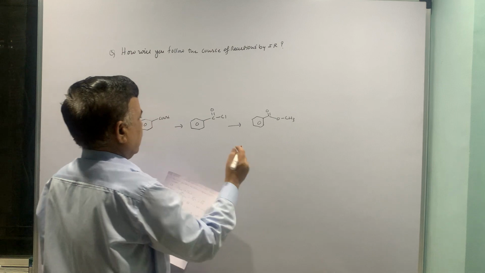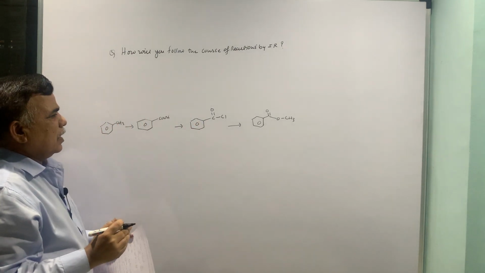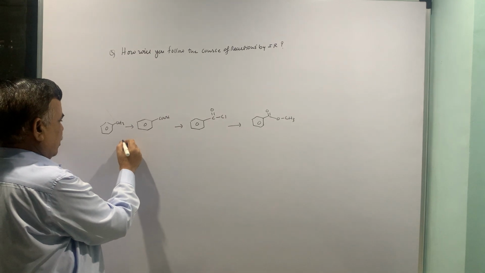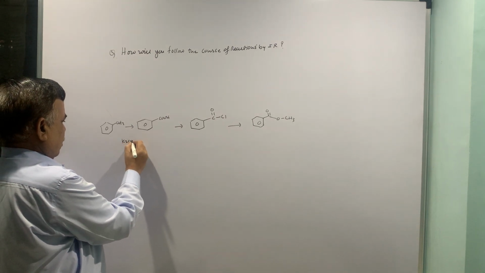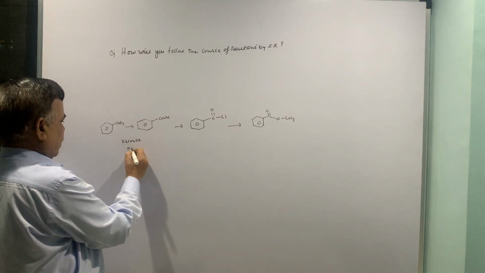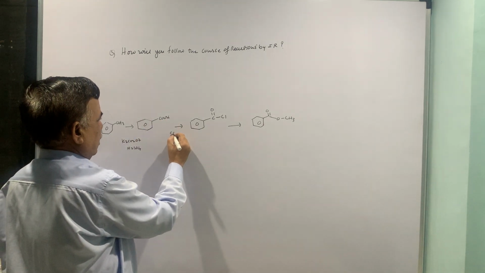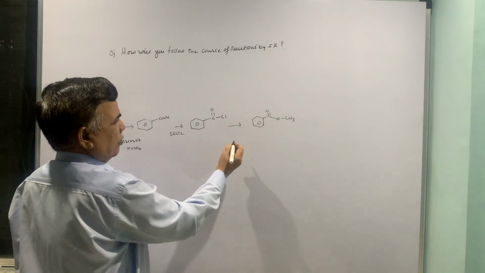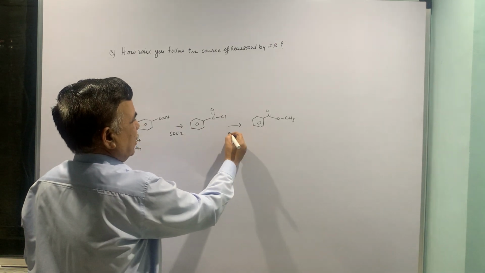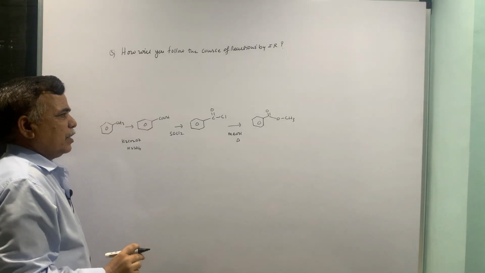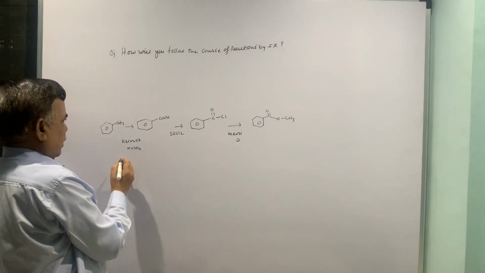This is methyl benzoate. The earlier was phenyl acetate. Now this is dichromate oxidation, K2Cr2O7 H2SO4, that can bring about this oxidation. Thionyl chloride can bring about this transformation, and methanol can bring about this esterification, the nucleophilic displacement.